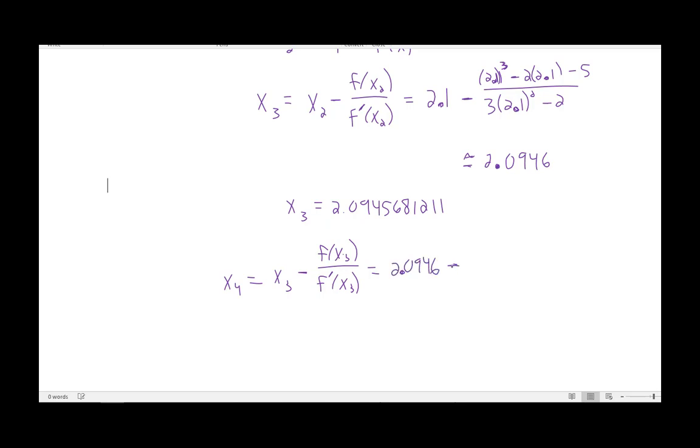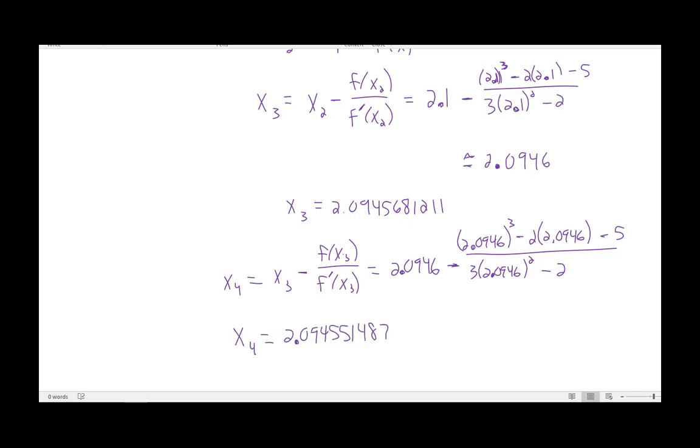So I have f at 2.0946, which is 2.0946 cubed minus 2 times 2.0946 minus 5, and then I plug that value into the derivative, so I have 3 times 2.0946 squared minus 2.